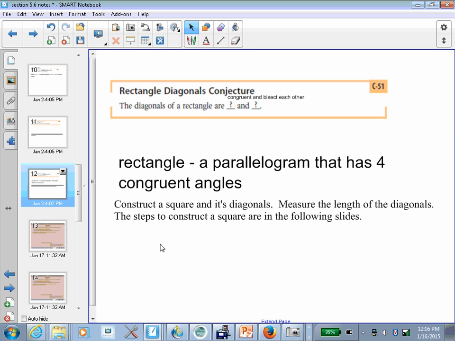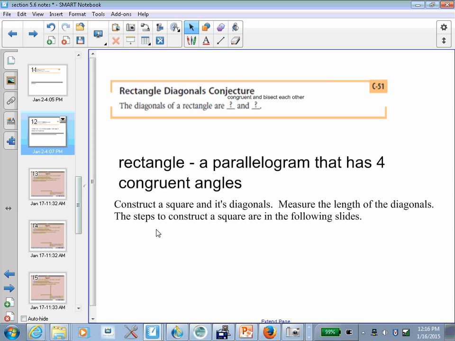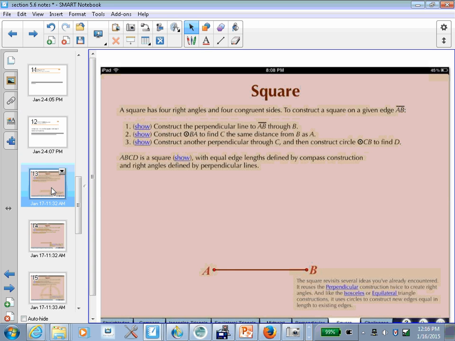Okay, and then we're going to have one last figure to round out this chapter, and it is the square. A square, as most of you know, has four congruent sides and four congruent angles. You constructed a square when we learned the definition back in chapter 1. If you have forgotten how to do that, here are the steps.